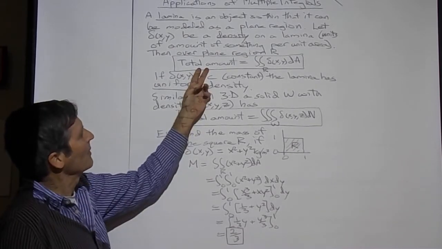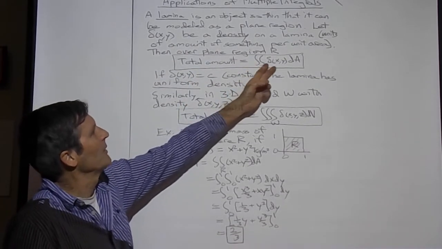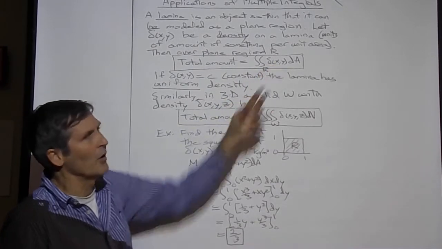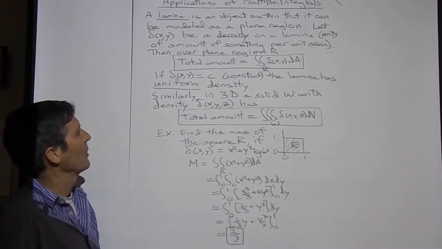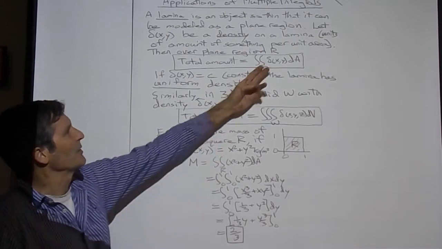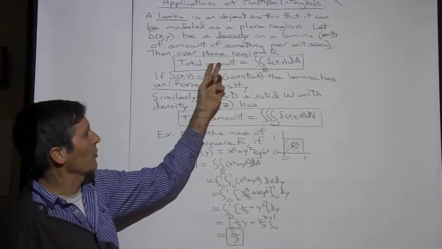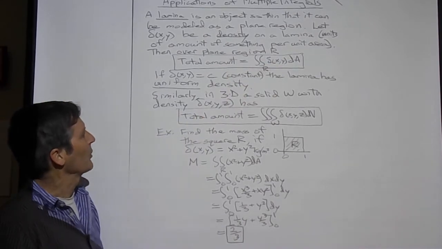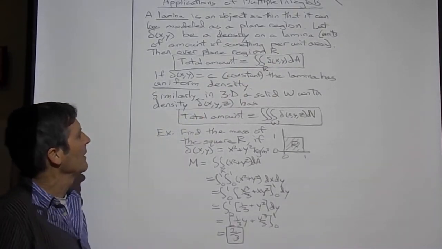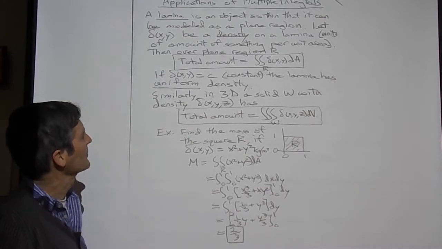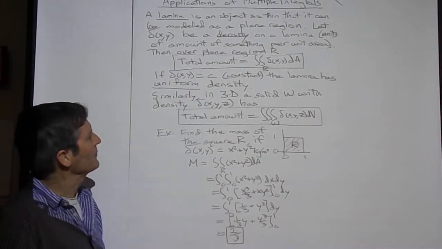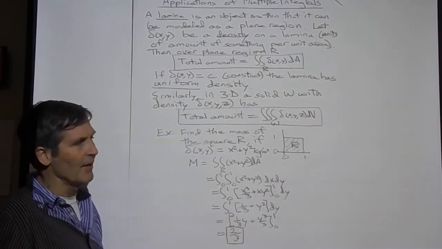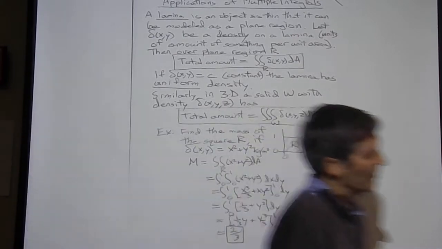The total amount is the double integral then of the density function over that plane region. So if this is people per square mile, you integrate and get the total people. If it's kilograms per square meter, you integrate it and get the total kilograms, the mass of the object. And if delta is a constant, then we say that it has uniform density.